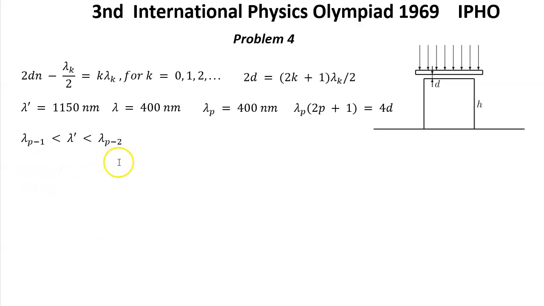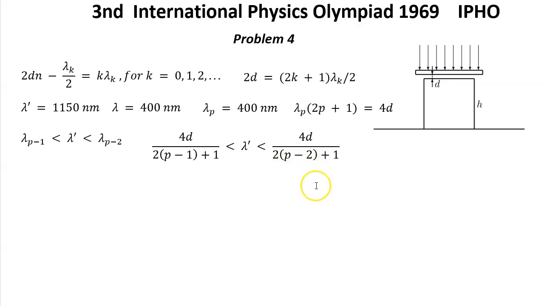We have this inequality, which can give us the next inequality, where now instead of p we have p minus 1, and here we have p minus 2.